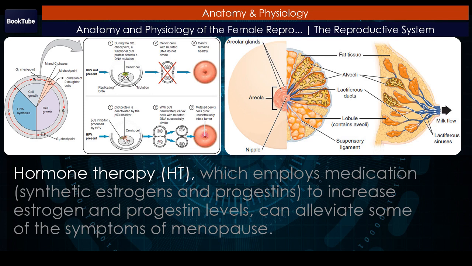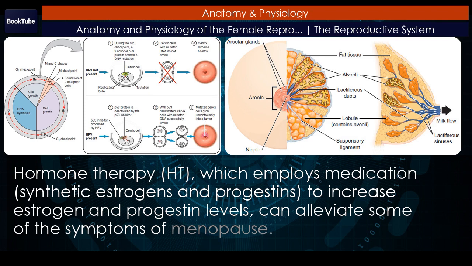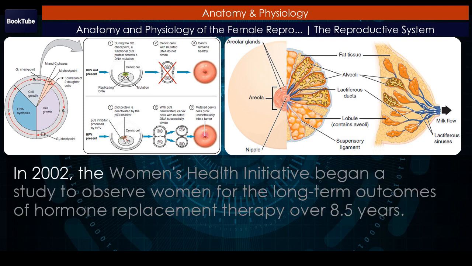Hormone therapy, HT, which employs medication, synthetic estrogens and progestins, to increase estrogen and progestin levels, can alleviate some of the symptoms of menopause. In 2002, the Women's Health Initiative began a study to observe women for the long-term outcomes of hormone replacement therapy over 8.5 years.